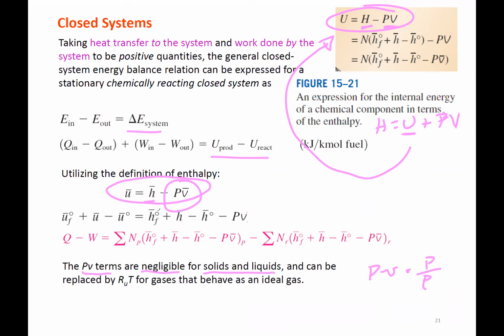So if you have a solid or liquid, your density is high, so it makes that term very small, so you can neglect it. If you're an ideal gas, PV is R_u T, where R_u is the universal gas constant. So you just substitute that in for PV, the universal gas constant times the temperature that you're at, for the reactants or the products.